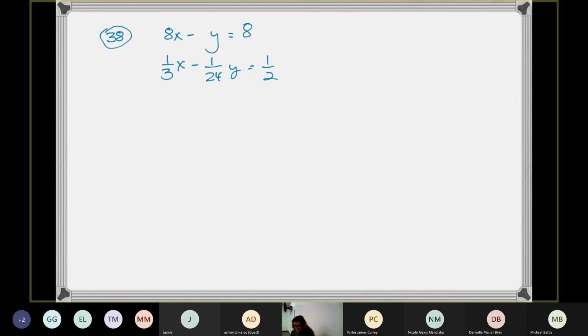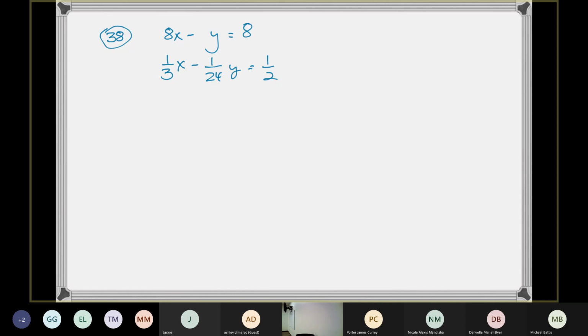So whenever you have a fraction going, the first thing to do is actually to get rid of the denominator. Not the first one, but the second one. The second one, we are clearing the denominator.